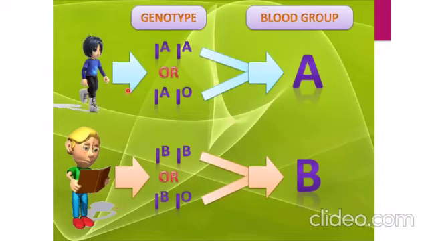As we know, blood group A and B are dominant, so they express their characteristic both in homozygous and heterozygous condition.